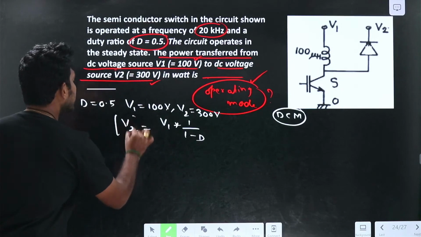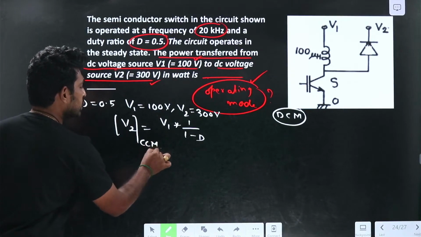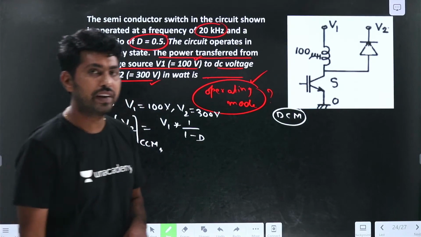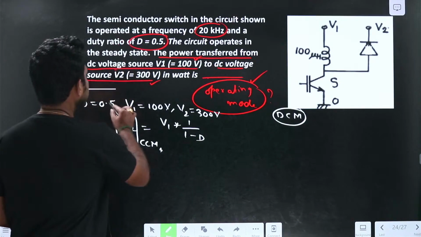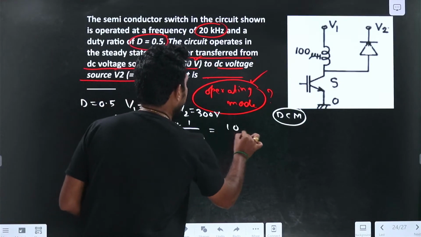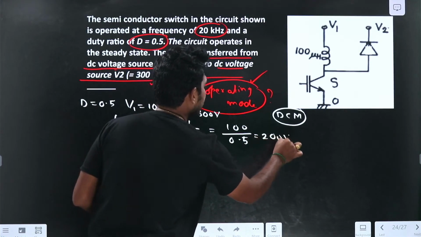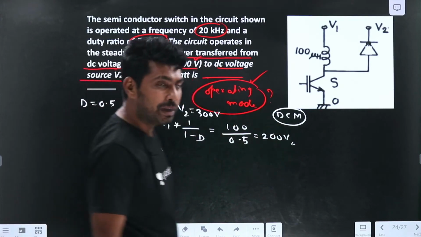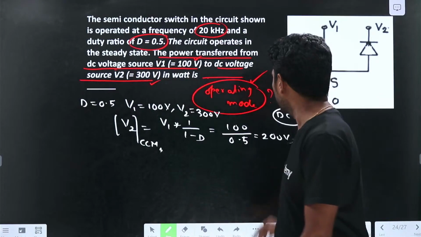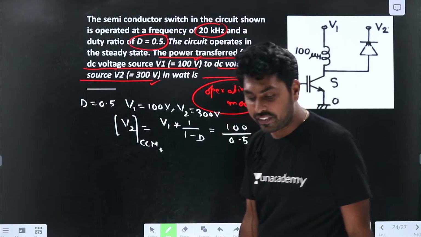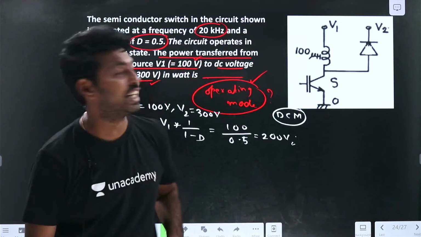So for the continuous conduction mode, if I find the output voltage, it will be 100 by 0.5, which is equal to 200 volts. But what is the V2 given? V2 is given as 300 volts.